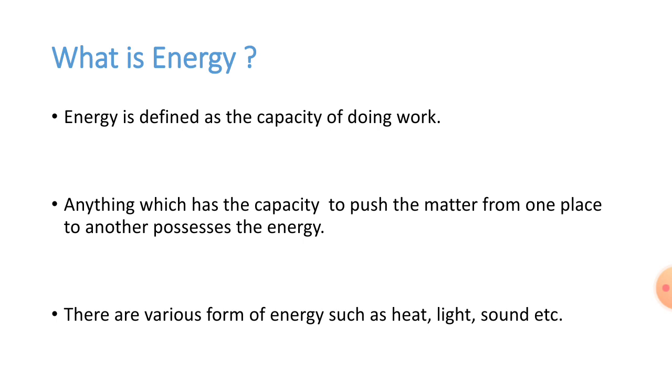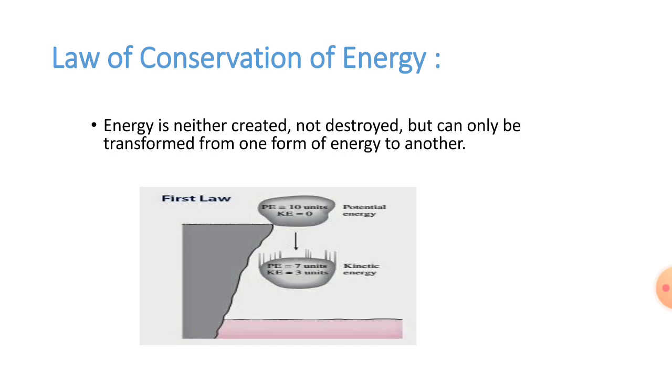The third point is that there are various forms of energy such as heat, light, sound, etc. Here I have taken two or three examples: heat energy, light energy, sound energy. We also have nuclear energy and so many more. All right, let's move to the next slide.